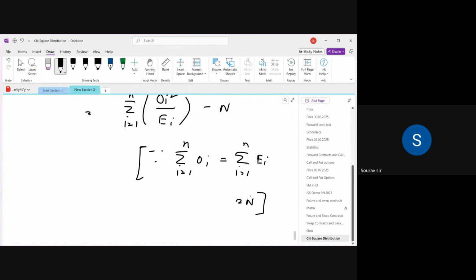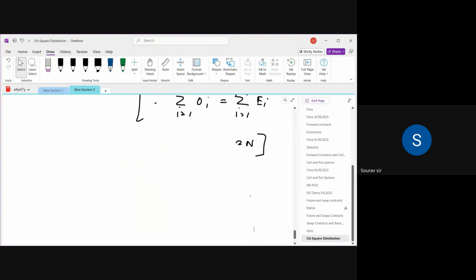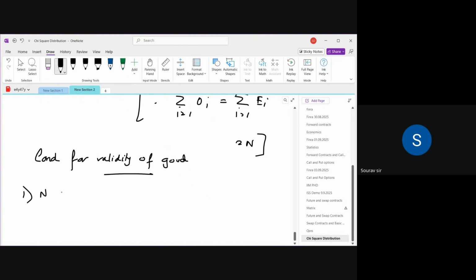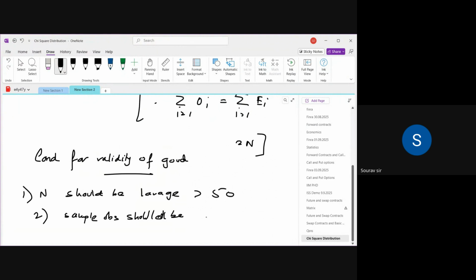So what are the conditions for the validity of goodness of fit? First, n, the total frequency, should be large, say greater than 50. Next, sample observations should be independent.